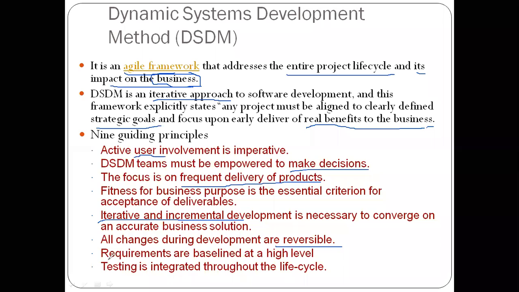Coming to the next one: requirements are baselined at high levels. Whatever requirements we are working on are baselined from a higher level. They give some basic structure to follow, rules and regulations, and by following them you should develop your project.